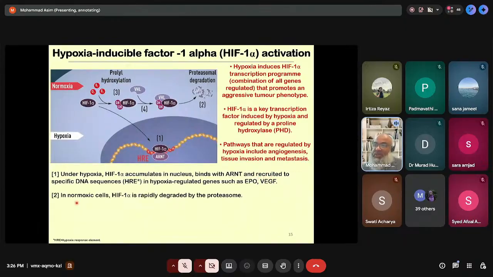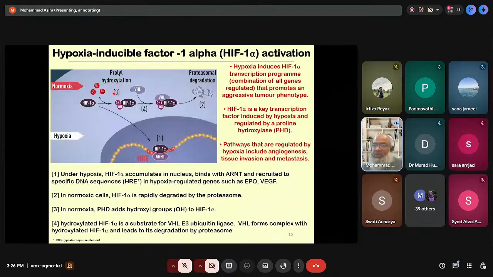You can see here in normal cells, HIF1 alpha is degraded by the proteasome pathway through this reaction that we have discussed, the hydroxylation of the proline residues. There are specific protein residues within HIF1 alpha which become hydroxylated through this prolyl hydroxylation reaction.